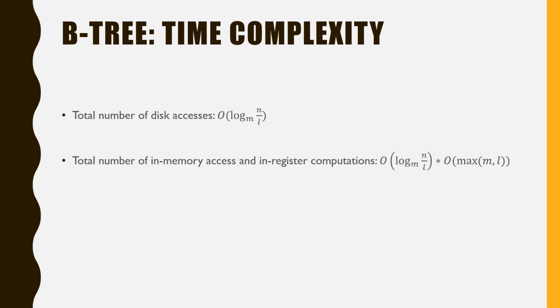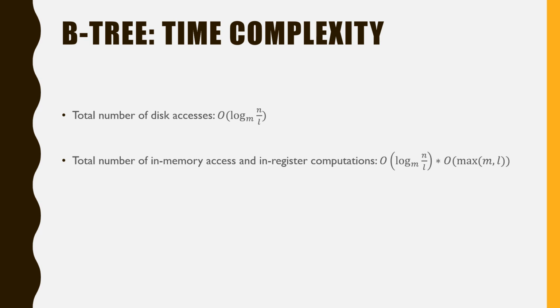For an n-ary tree, the total number of nodes is proportional to the number of leaf nodes. Therefore, the total number of nodes in the B-tree is also O(n/L). Hence, the height of the tree is O(log_m(n/L)).